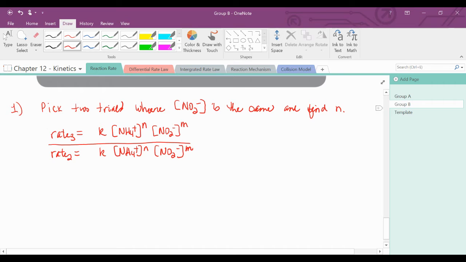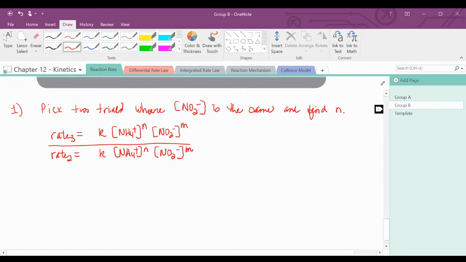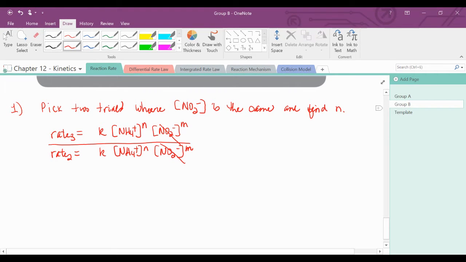By picking the two trials where the nitrite ion has the same concentration, this allows me to cancel out the nitrite ion from my expression. And k is a rate constant, so I can also cancel this from my expression. And so we're going to plug in numbers. The initial rate for trial 3 is 5.40 times 10 to the negative 7.